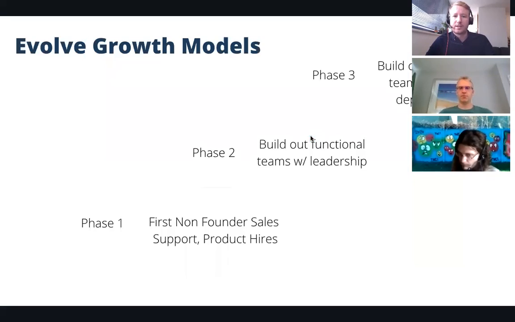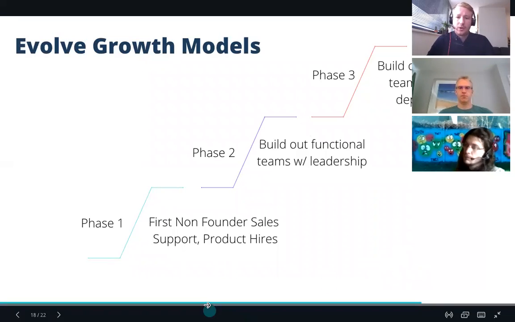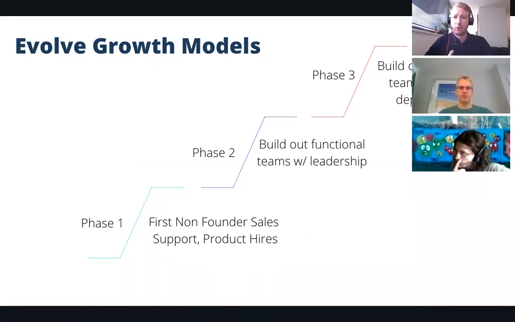And the way that works is this evolution. Just to use an example here, say you're starting a business. It could be in any industry. You start it yourself, you're the founder, and you want to grow. So in phase one, you're going to hire, let's say, sales or support or product or kitchen staff, or whoever it is, to do some of your role.